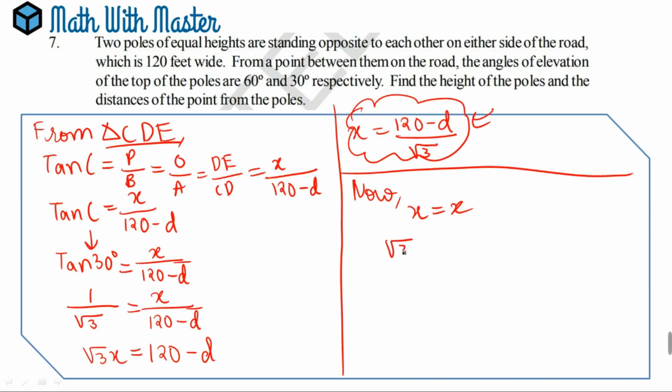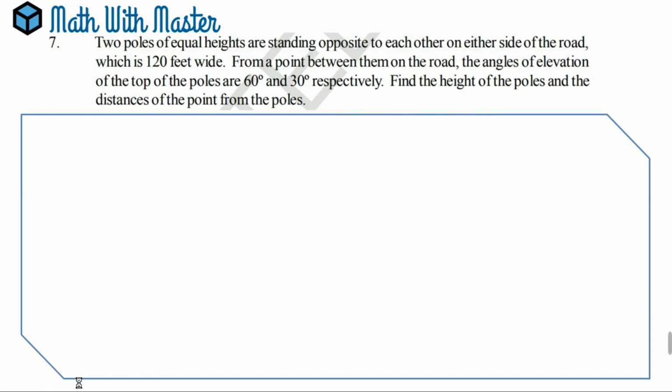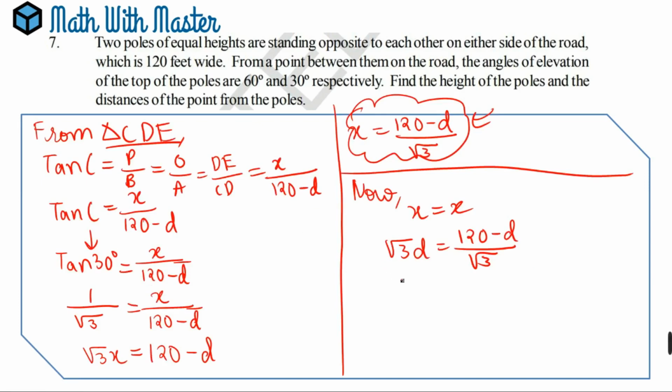So I can write root 3 D is equal to 120 minus D upon root 3. You can see over here, this will go here and multiply with root 3 and give the product 3. So this will be 3D is equal to 120 minus D, and then 4D is equal to 120, and D is equal to 30 meters.